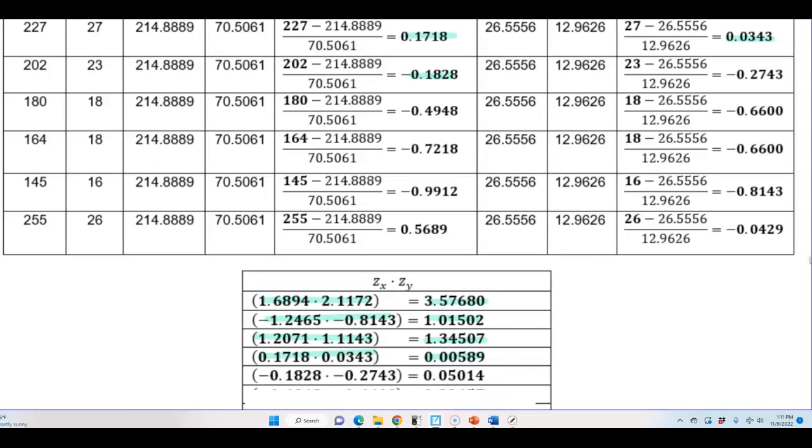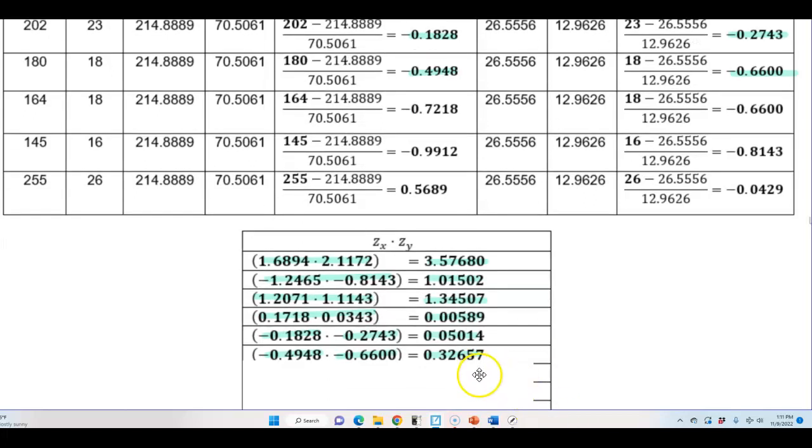Negative 0.1828. Multiply that by negative 0.2743 to get us 0.05014. Negative 0.4948. Multiply that by negative 0.6600, gives us 0.32657.